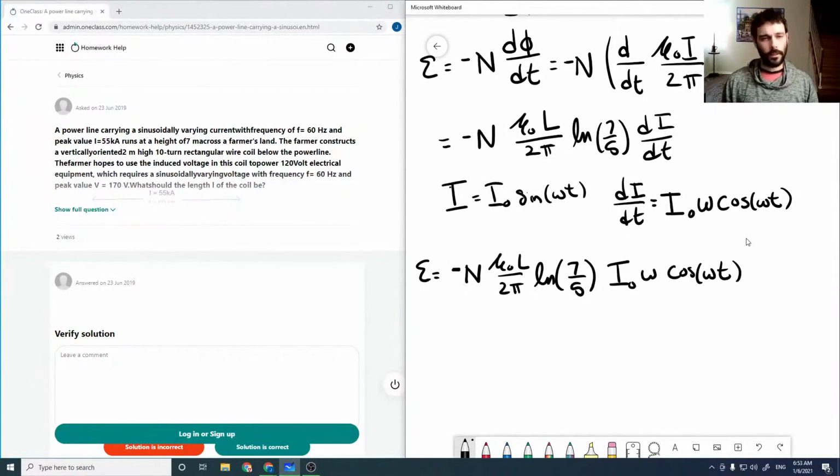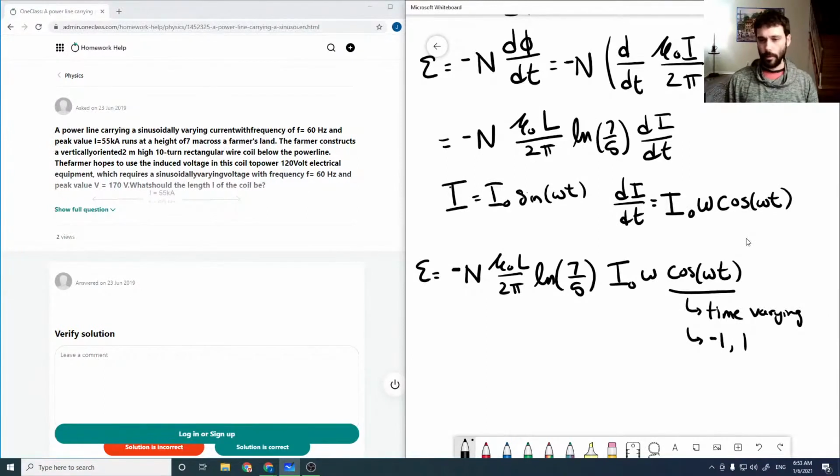And so it's asking for our peak value, and so cos omega t is giving us our time varying. So that makes it 60 hertz, but it goes between -1 and 1, and so honestly the only way we're going to get a max or a peak value is when this is equal to 1 or -1.